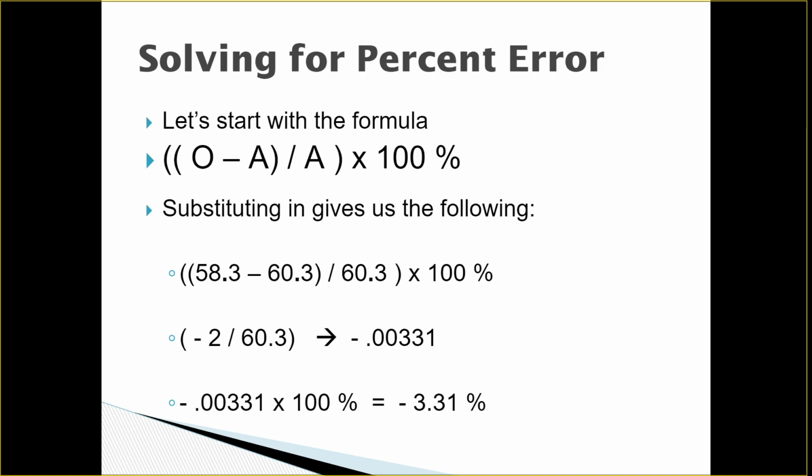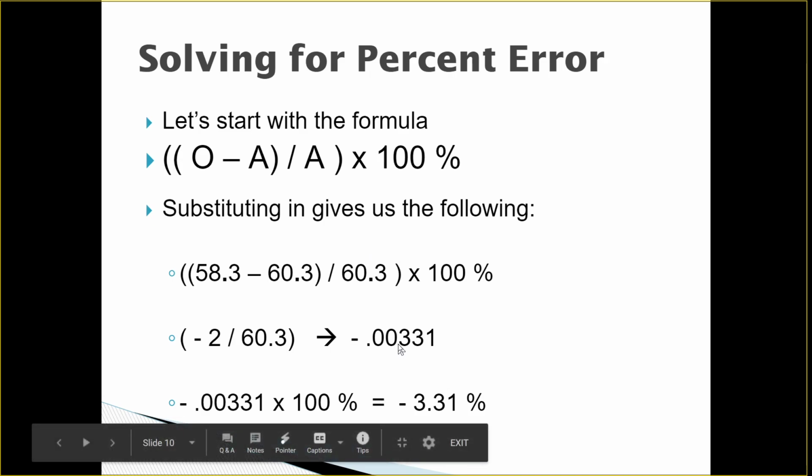Okay. So, observed was what they got. So they got 58.3. They have to subtract the 60.3 and divide by 60.3.